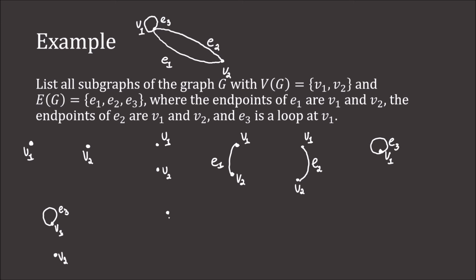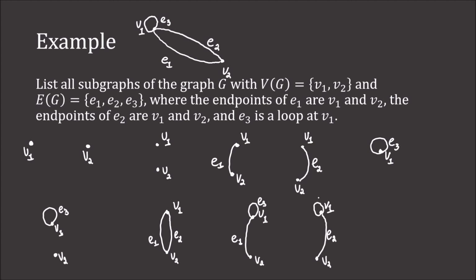We could then do where it has both vertices and both E1 and E2. It has both vertices and it has E1 and E3. Has both vertices, has E2 and E3.